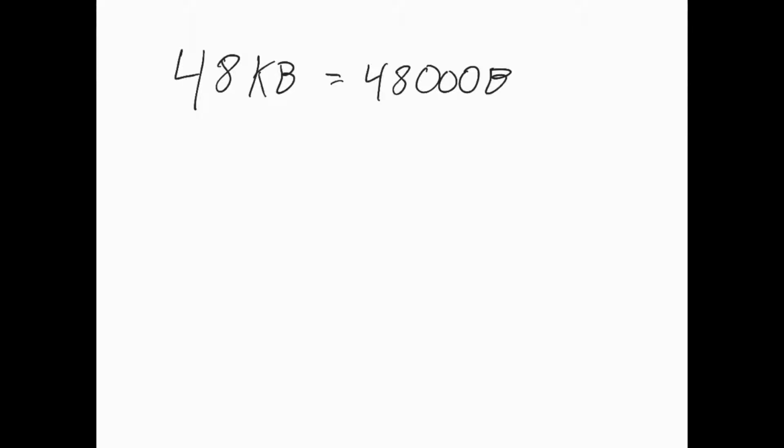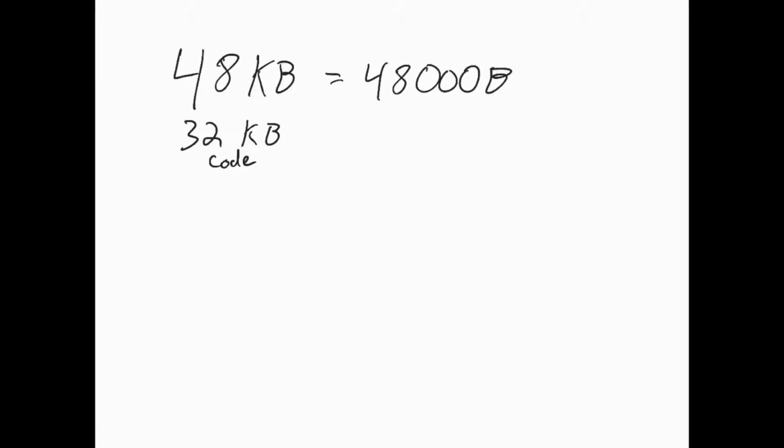Now, I'm going to assume I actually need 32 kilobytes of memory for the code. So that's the code and all the variables and their values, not counting the arrays that hold the binary data for the graphics, but rather all of the code and all of the variables in the stack and so forth that I need.